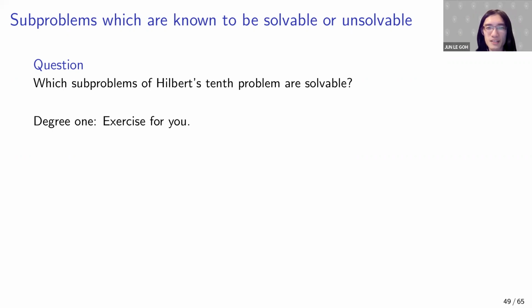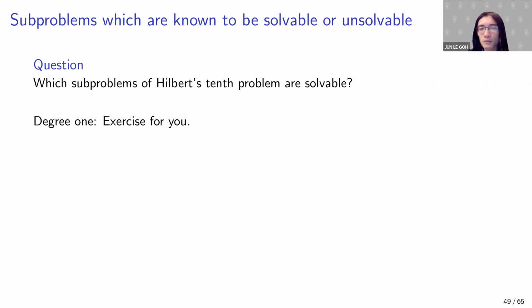Here are some examples. One example is degree 1. What do I mean by degree 1? You have some number of variables, all linear terms and integer coefficients, and you're asked, are there integer solutions to this equation? This is something that you learn in high school or in college.